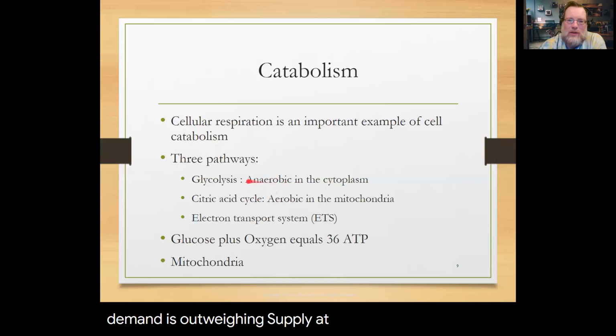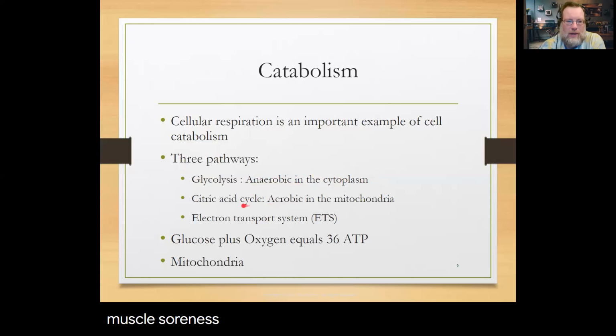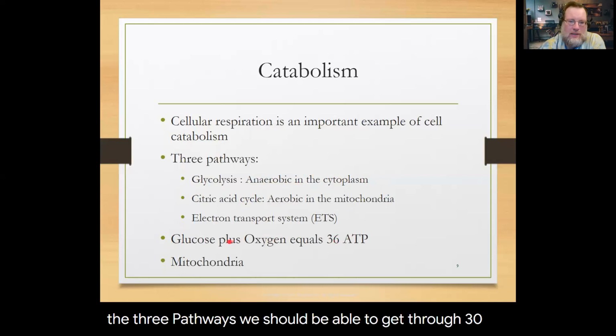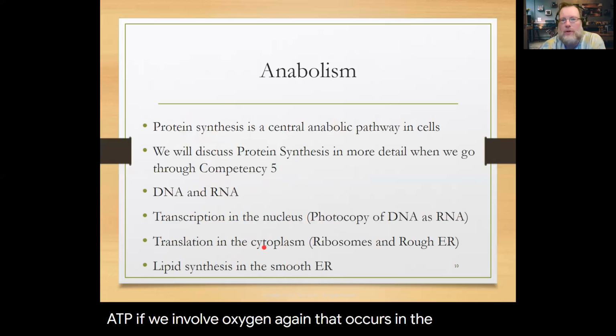At that point, anaerobic respiration will occur and continue to occur because we do get some ATP, but we also get lactic acid, which causes muscle soreness. If we get all the way through the three pathways, we should be able to get 36 ATP if we involve oxygen, and again, that occurs in the mitochondria.